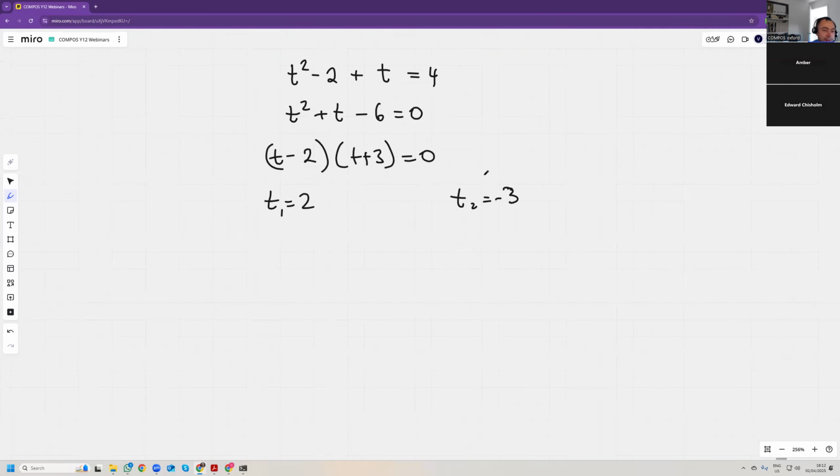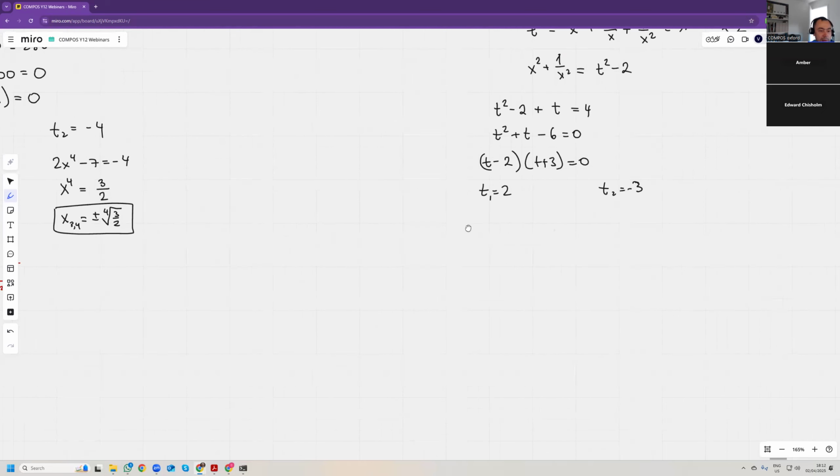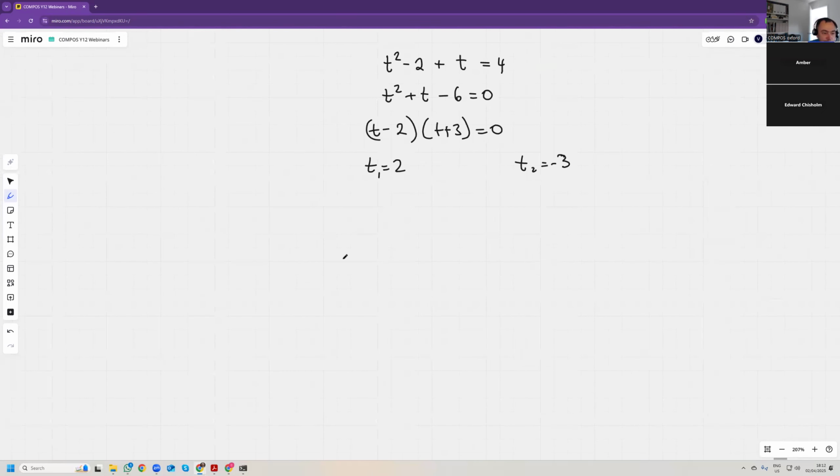And now we solve the equation. So x plus 1 over x is 2, or x plus 1 over x is negative 3.